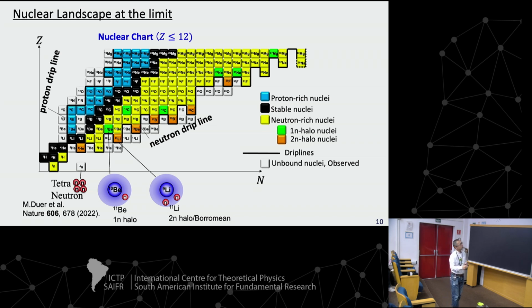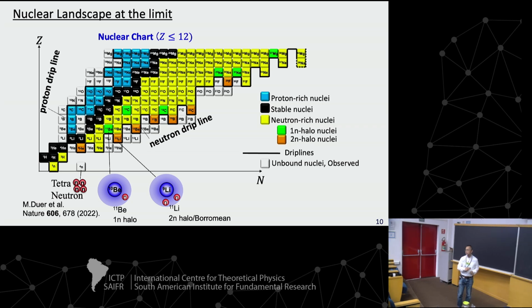And along this neutron drip line, we see interesting features like halo structures, which were already discussed by Chen-san, I think: beryllium-11, lithium-11. Recently, we have also observed a tetraneutron candidate. As Hiyama-san discussed, we still have some controversial situation, but this is a very interesting case.